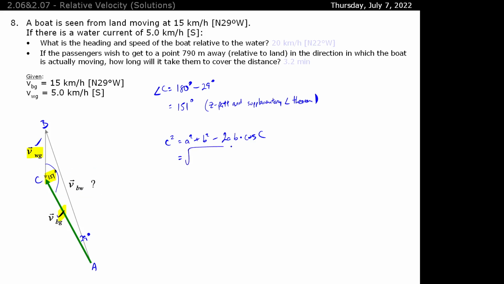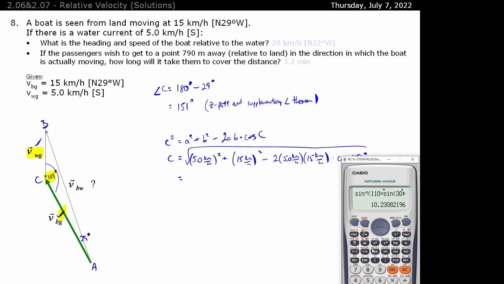Okay, so root that for the value of C, and that's equal to A squared, which is WG, which is 5.0 kilometers per hour squared, plus 15 kilometers per hour squared, minus 2 times 5 kilometers per hour times 15 kilometers per hour times the cosine of 151 degrees.